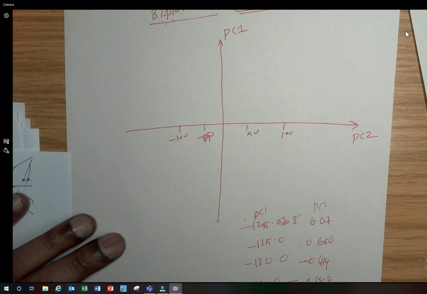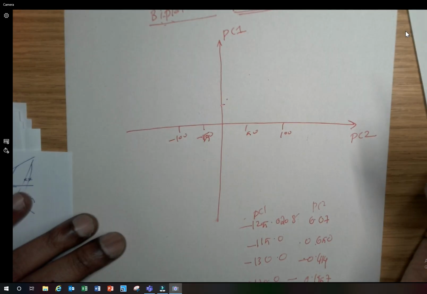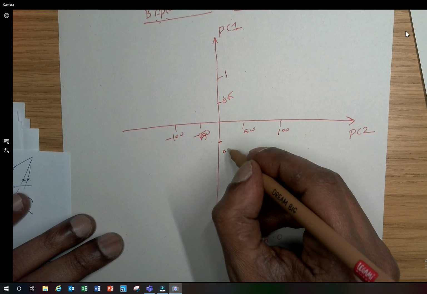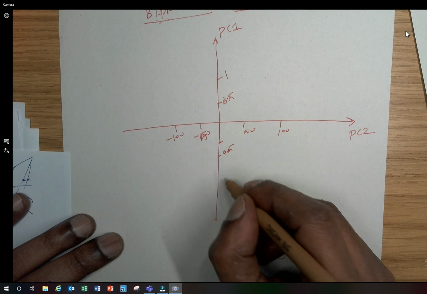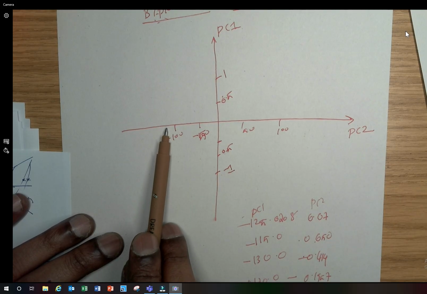And then here we can put maybe 0.5, 1, minus 0.5, and minus 1. So minus 125 against 0.07 will be somewhere around here.